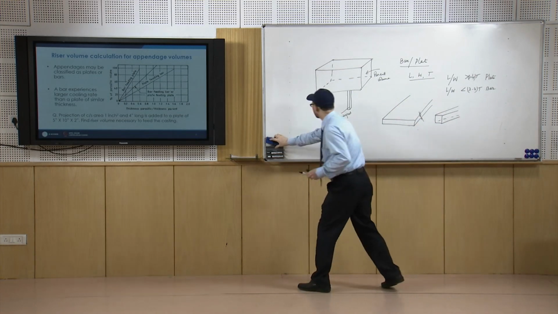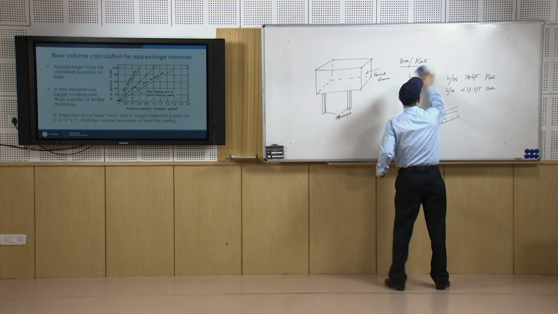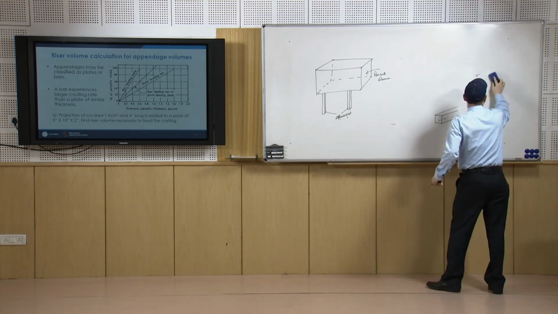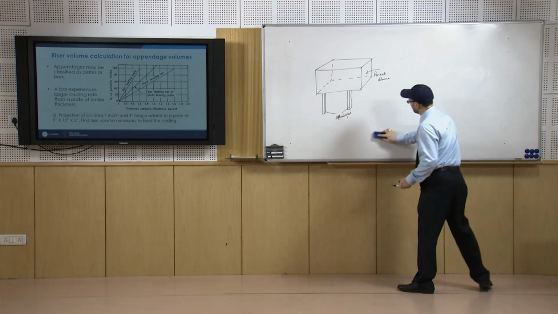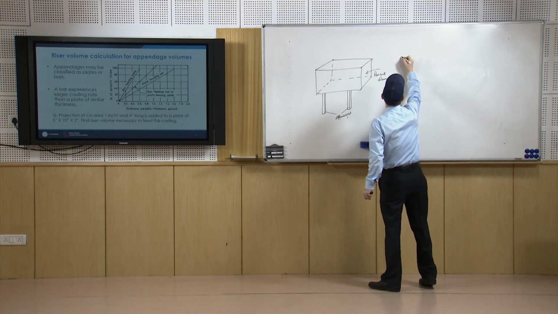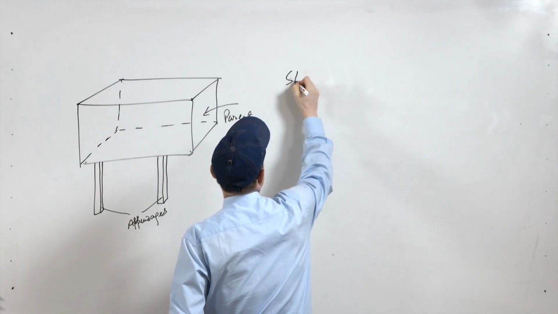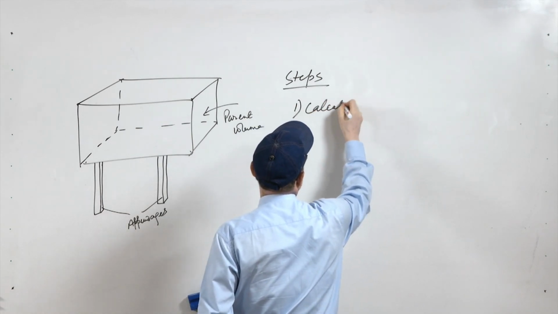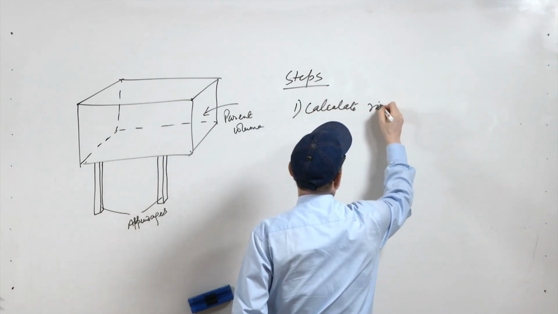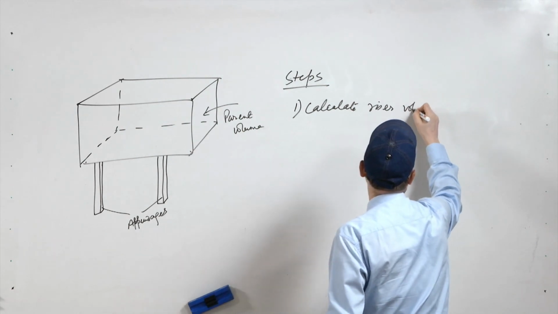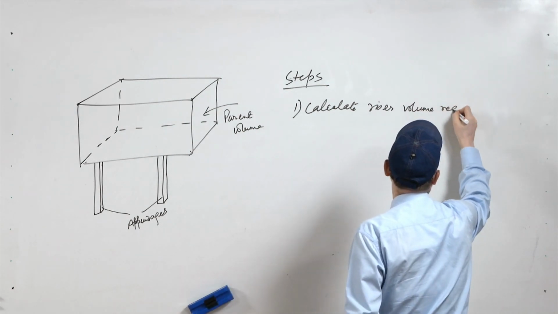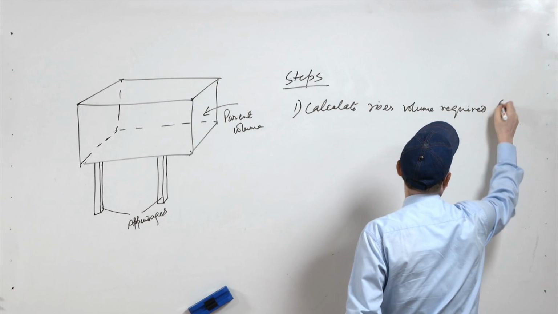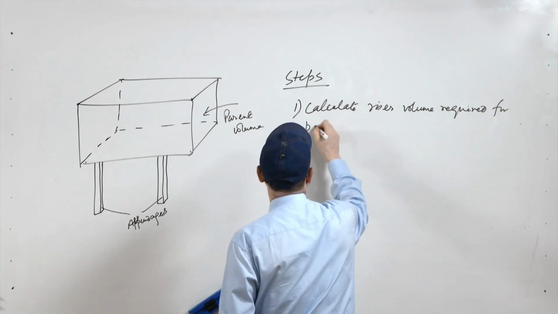So, the steps: first calculate the riser volume required for the parent casting.